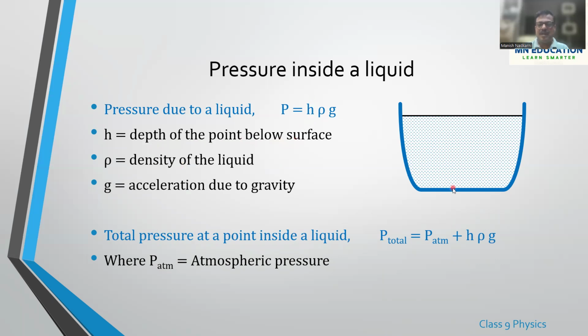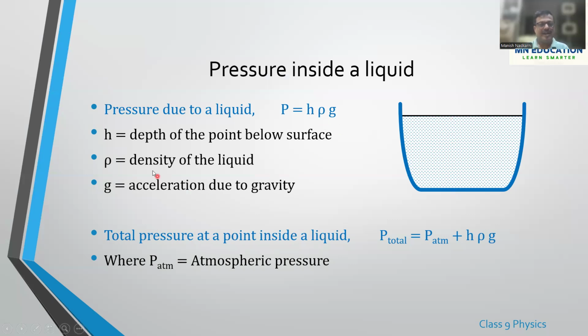For example, if you are calculating the pressure at the bottom of this vessel, which contains water, then h will be this depth, the depth of the water. You can call it the height if you want. h stands for height, or you can also call it the depth below the surface.